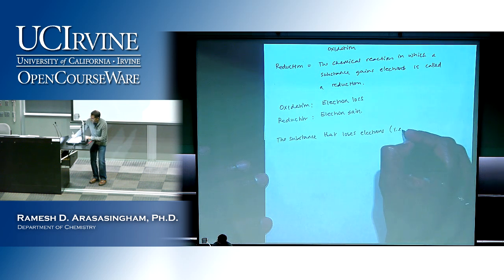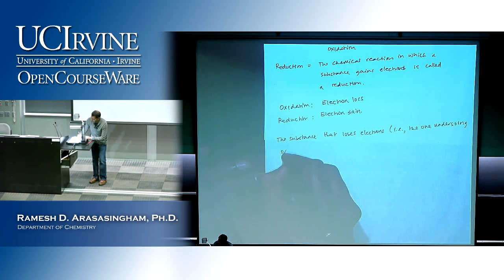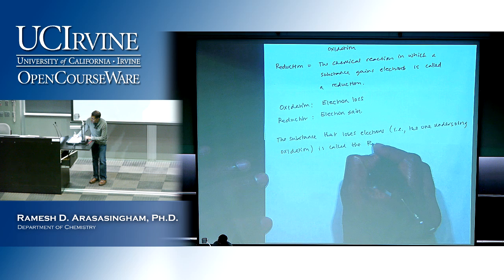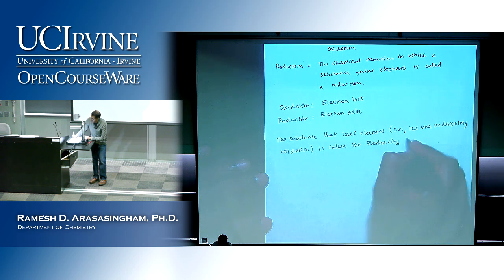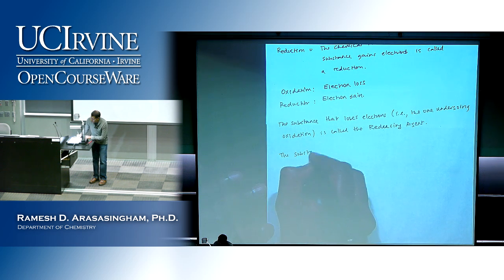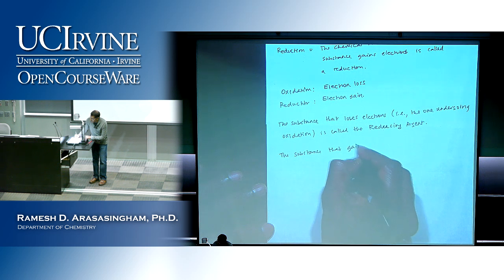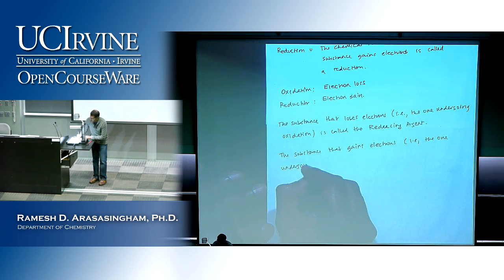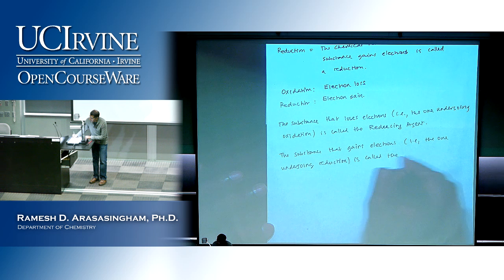In other words, the one undergoing oxidation is called the reducing agent, and the substance that gains electrons, in other words, the one undergoing reduction, is called the oxidizing agent.